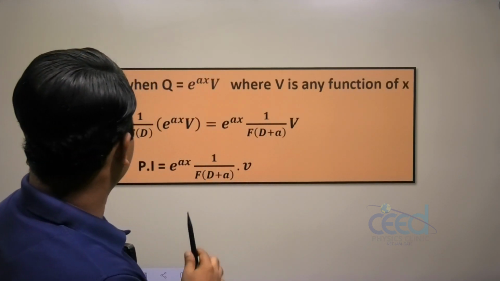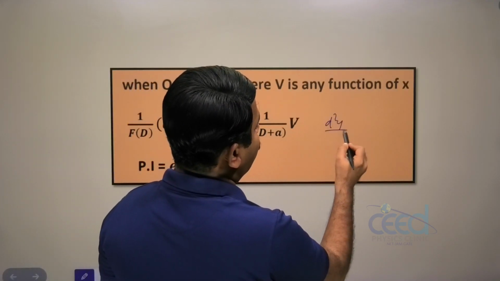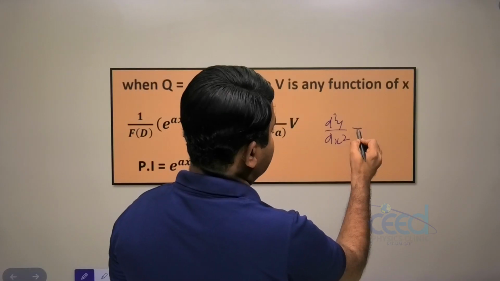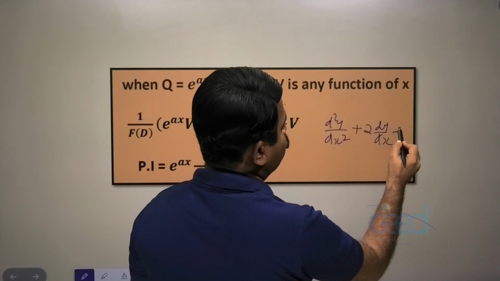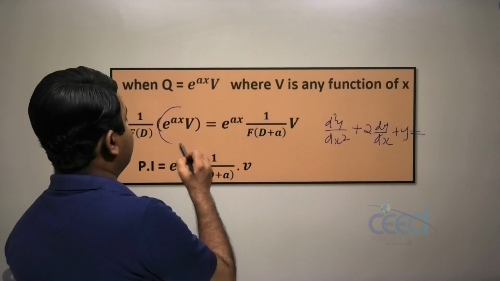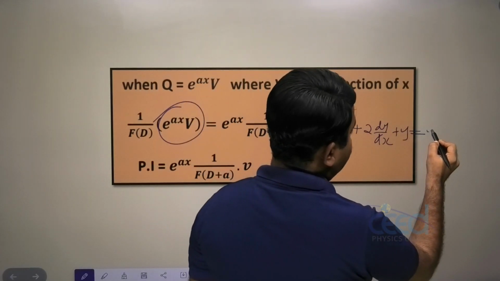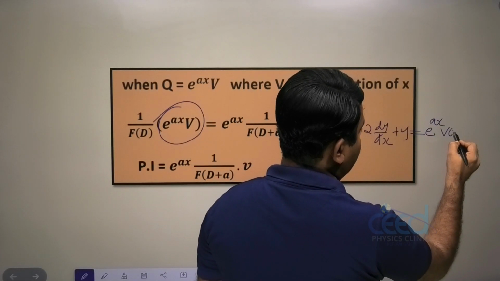Now look here, suppose a differential equation d square y by dx square plus 2 dy by dx plus y equal to a mixed function: one is e raised to ax and the other is another function v of x.